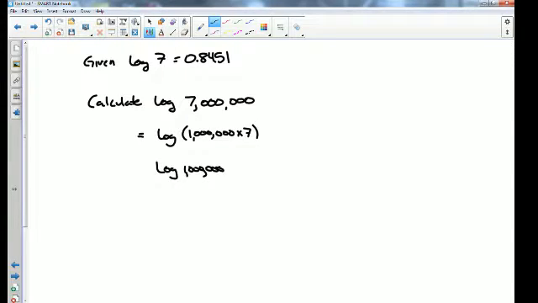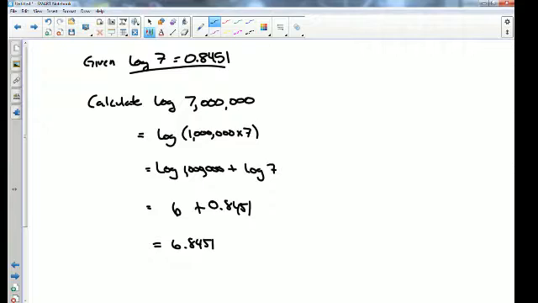Multiplied together, we can add with the same base. What's log of 1 million? Remember, base 10, 10 to the what? 6. And what's log 7? So we get 6.8451. That's a no calculator exercise with logarithms. That's how we used to do it all the time.